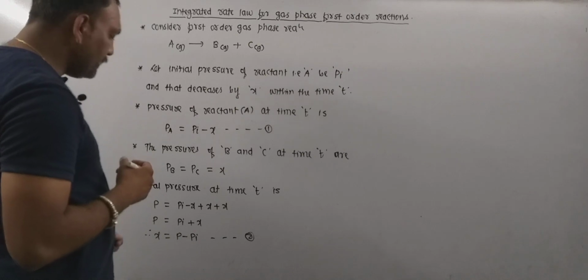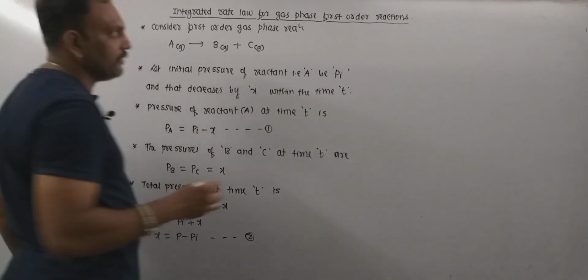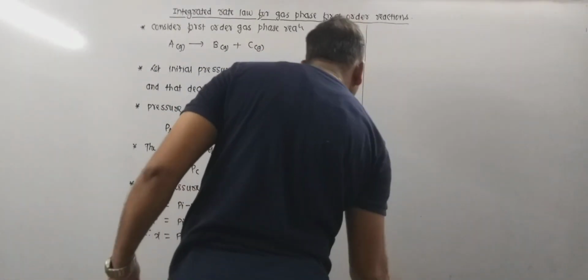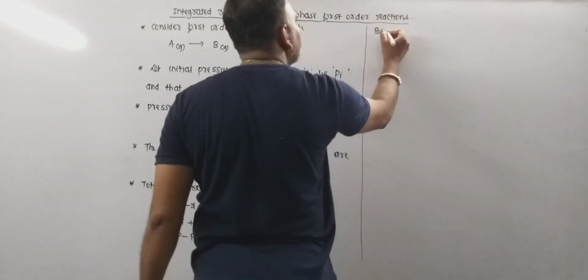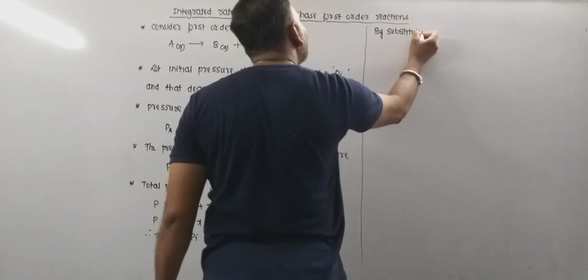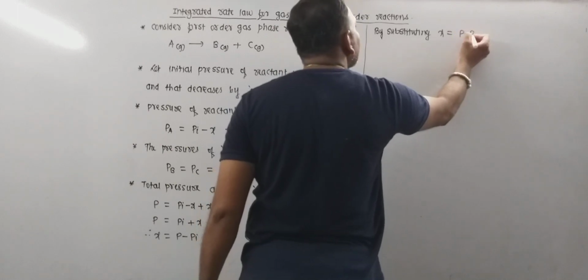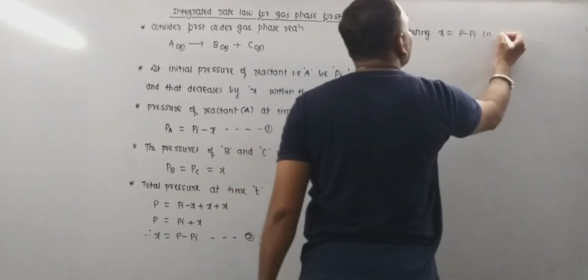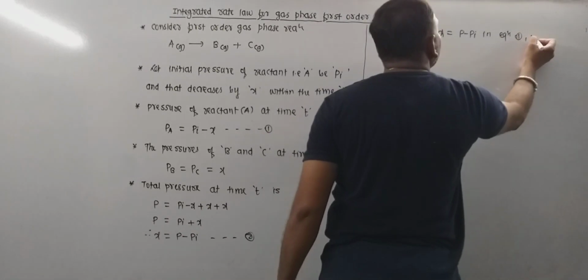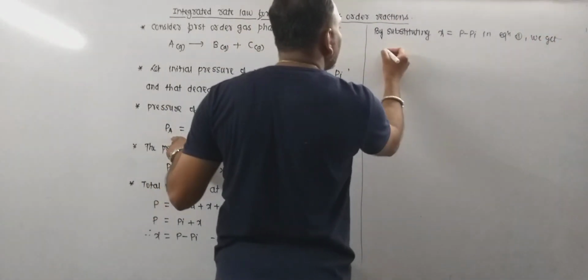Now we substitute the value of X in equation number 1. By substituting X equal to P minus Pi in equation 1, what will be the result? This is equation 1.